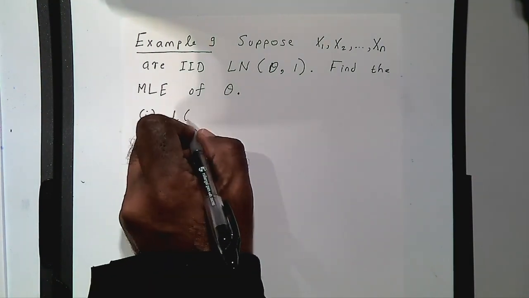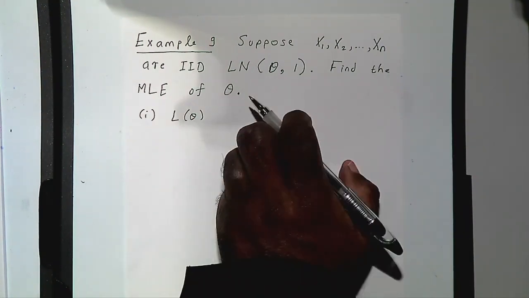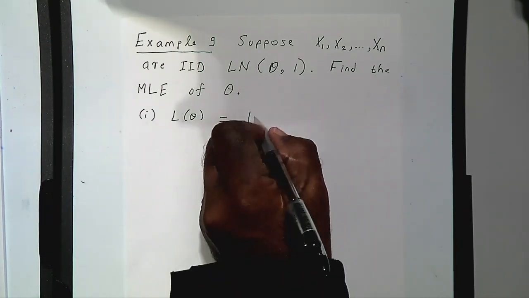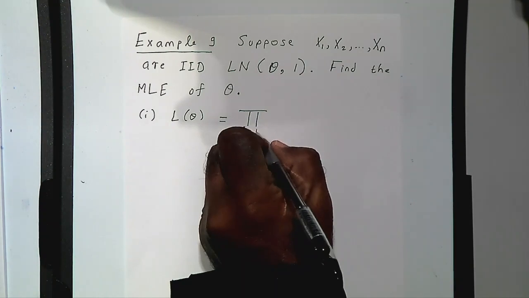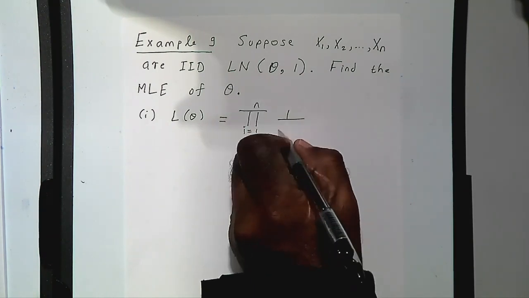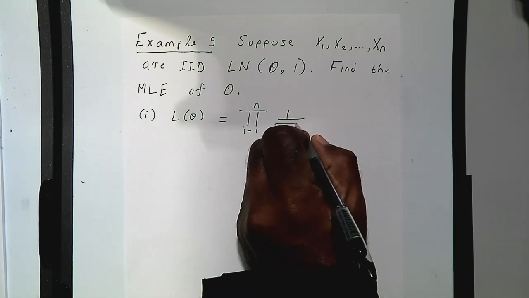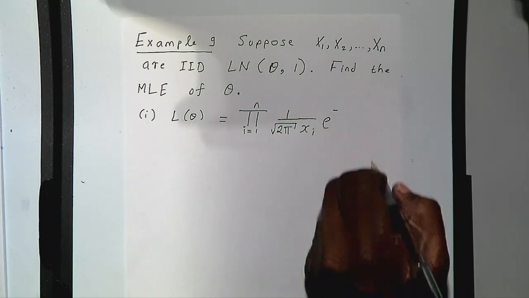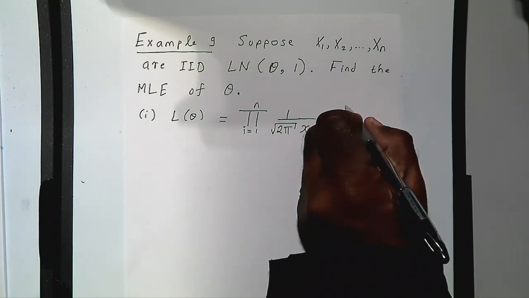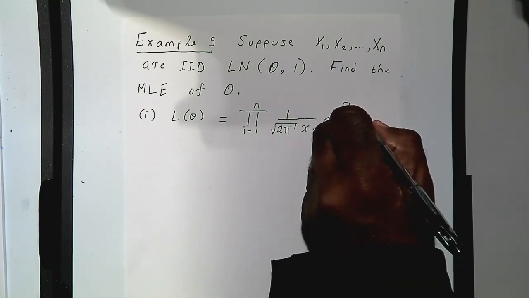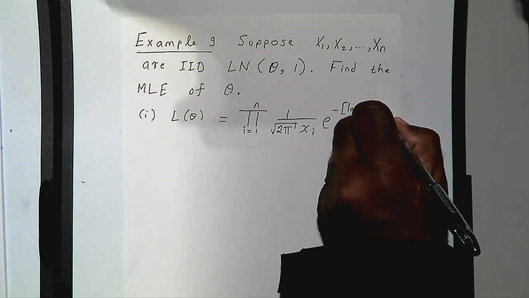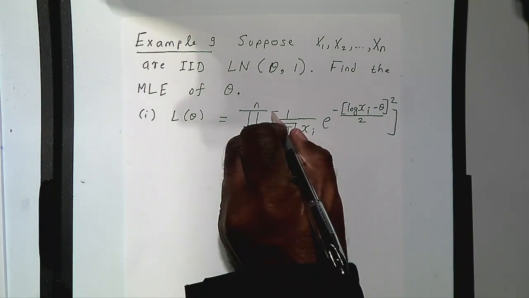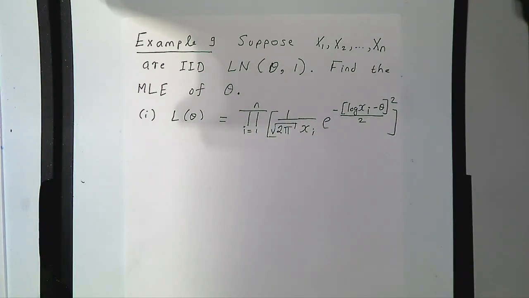Alright, the first thing to do is to write down this ln. I'm sure all of you know what ln means. ln means log normal, right? Okay, so the log normal will be the product, right? This is the log likelihood.